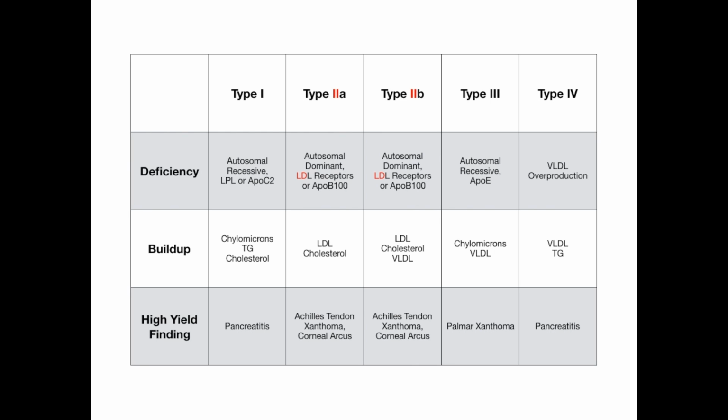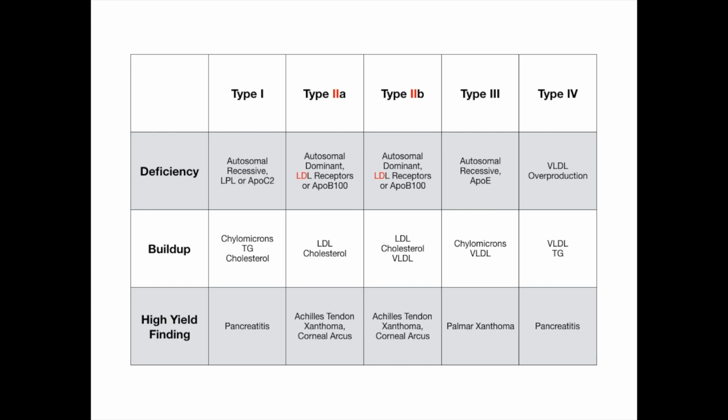Type 2A and type 2B are both due to LDL receptor deficiency. It can be caused by ApoB100 problems, which you should understand if you know the physiology of lipid transport, which we've already talked about in previous videos. But this is classically associated with LDL receptor deficiency, and they're autosomal dominant. This causes a buildup of LDL among some other things, but on the test, they're going to go after LDL.